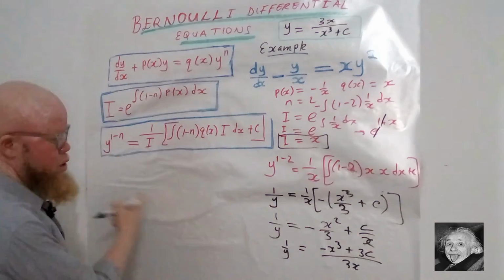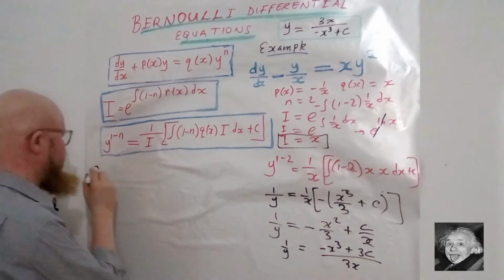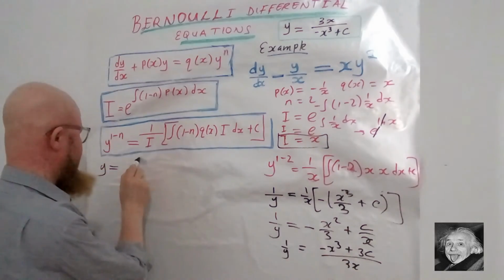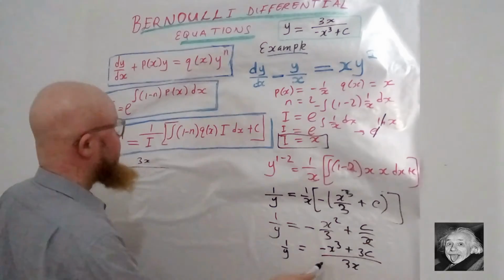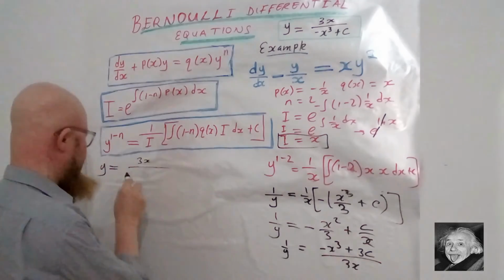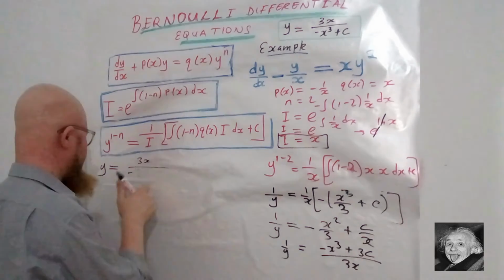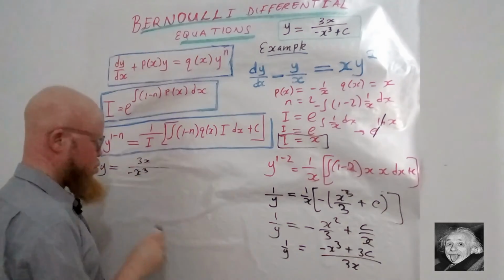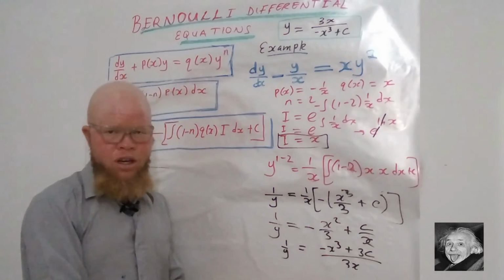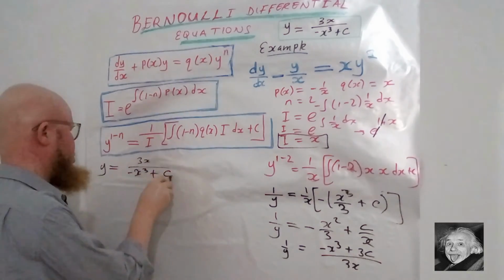I need to find the reciprocal of this. So y is equal to 3x over minus x cubed plus 3c. And 3 times c gives me c, because if 3 is a constant and you multiply it by a constant, it gives you another constant. So it's just c.